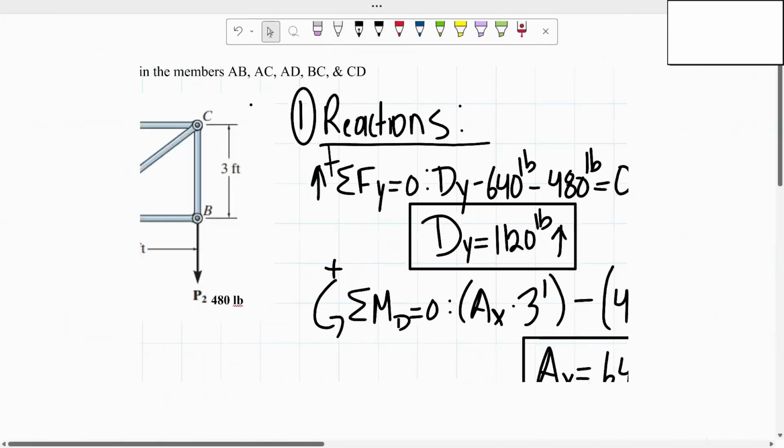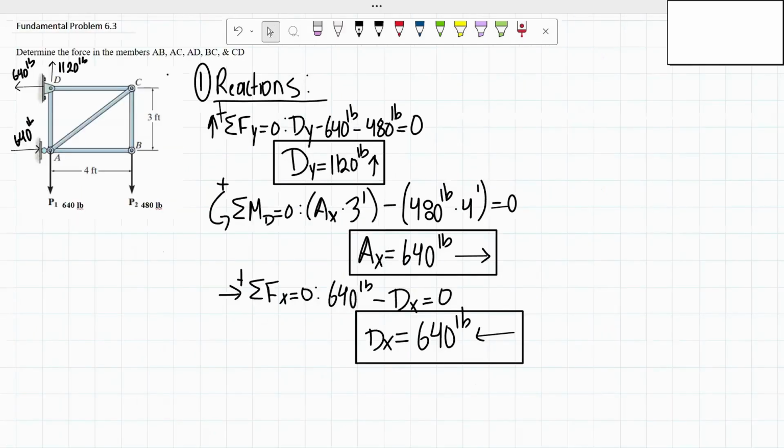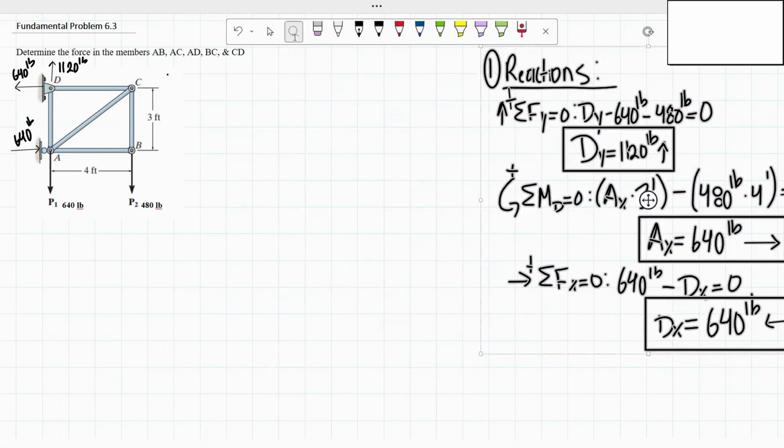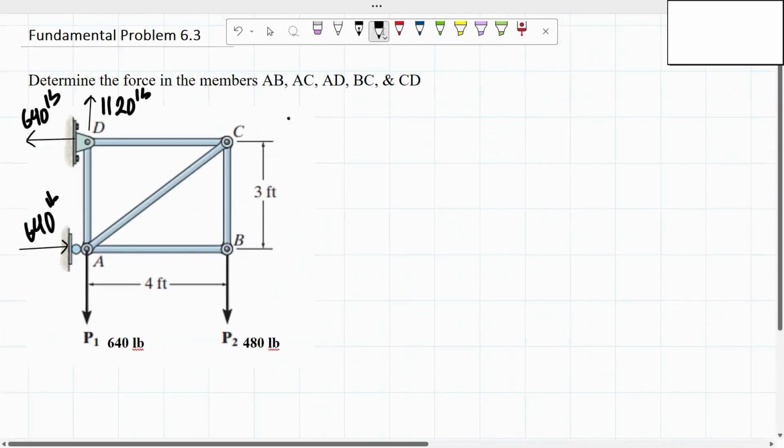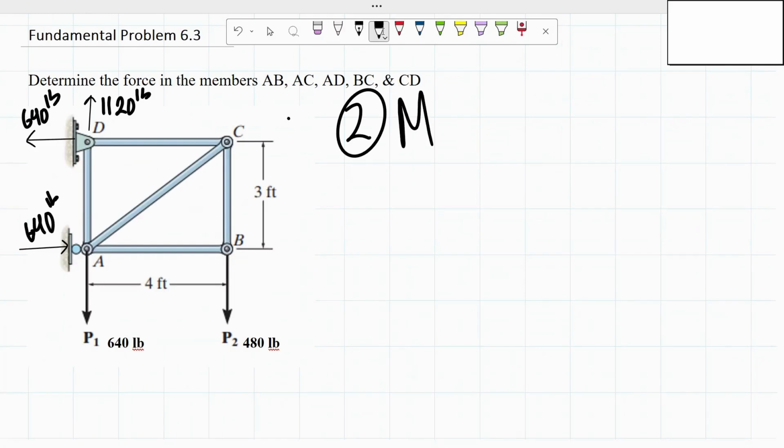So now that we have all of that, we can determine the forces of each of the members. I'm going to quickly move my work for the reactions to the side. To determine the forces of each of the members, I'm going to use the method of joints.